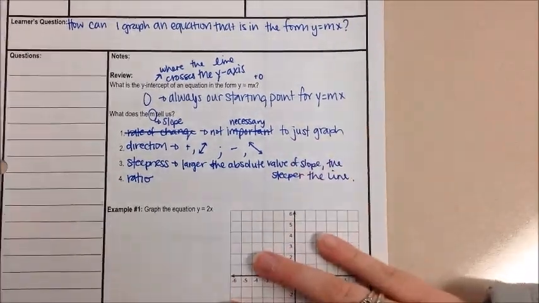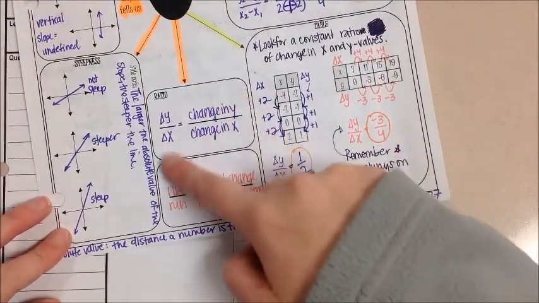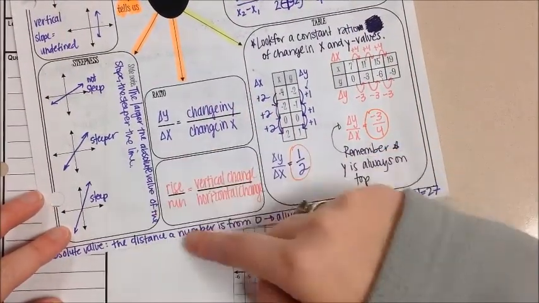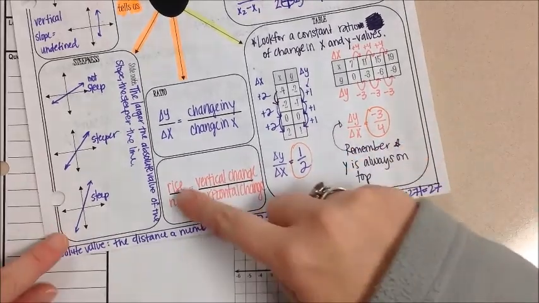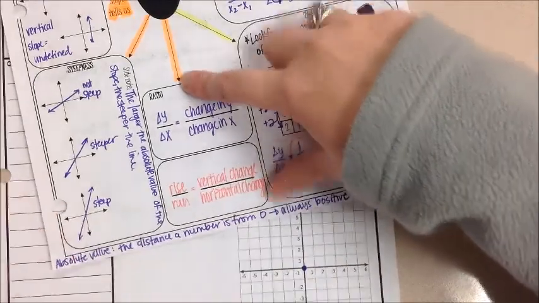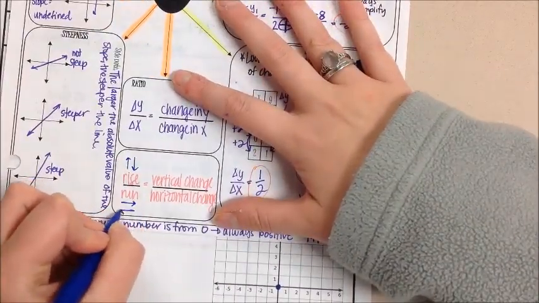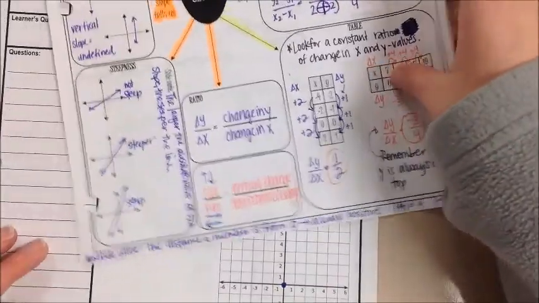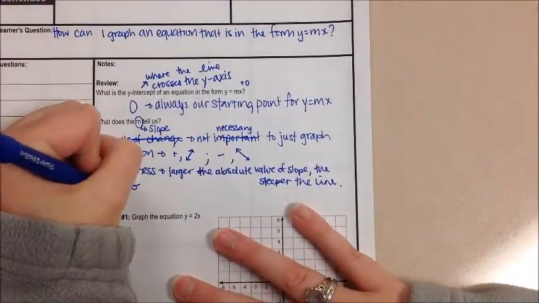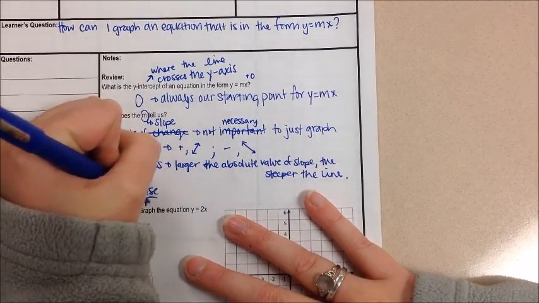Okay, and then we have the ratio. Now, of these 4, there's one that's really, really helpful for graphing. Okay, and that's the rise over run. Because you can think rise is up and down, and run is left and right. Okay, well, I drew a right arrow for left, but that's okay. Okay, so the ratio part is really going to come in handy when we're thinking about rise over run.